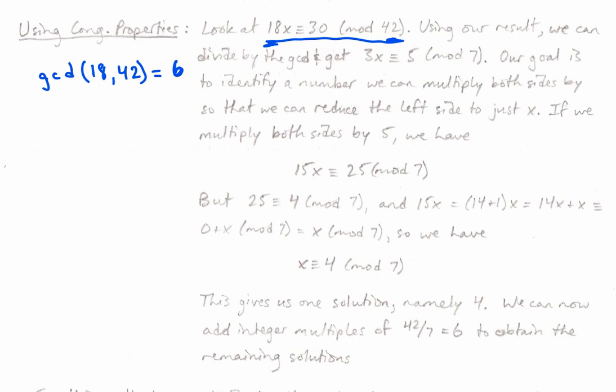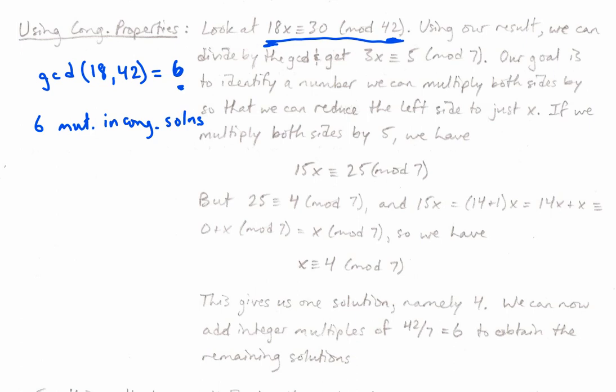And then we also know that the number of mutually incongruent solutions we have is this GCD. So 6 mutually incongruent solutions to this particular linear congruence.